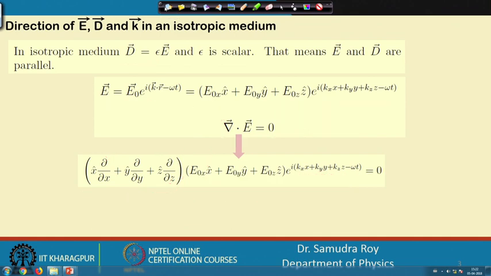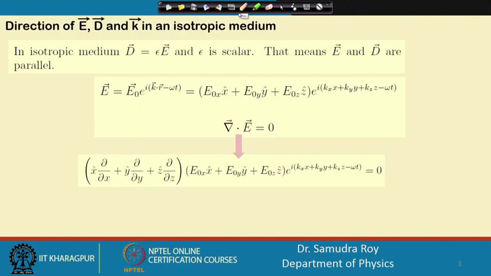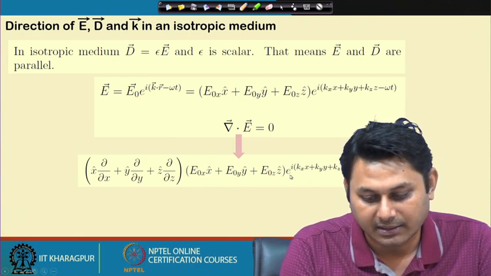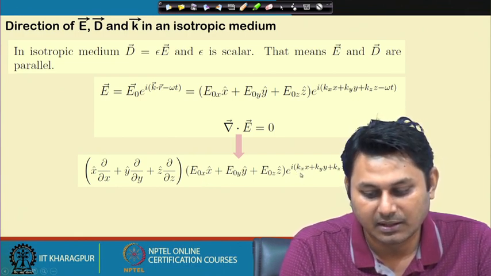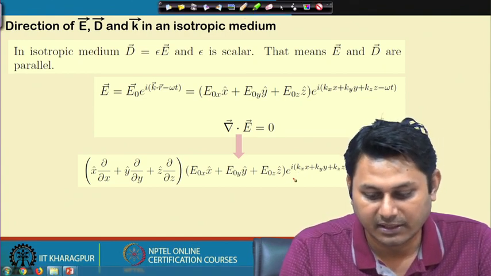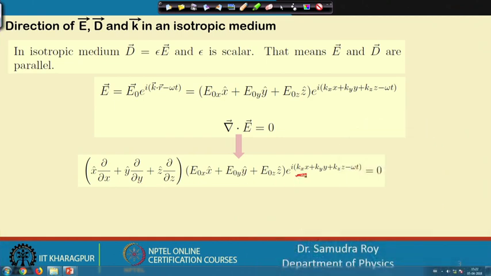So, when we make this operation, we will have a solution like this. So, let me go back. So, when I make an operation over this, the derivative del x of this term will give me i k x, the derivative with this term will give me i k y, and the derivative del z will give me k z.